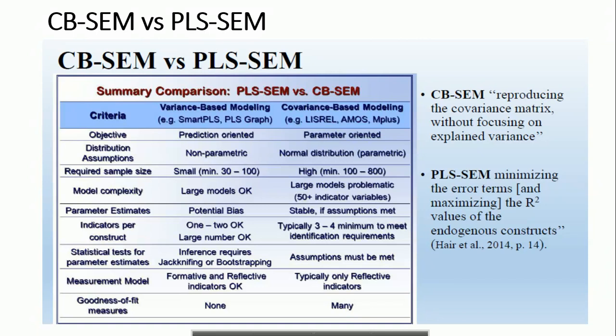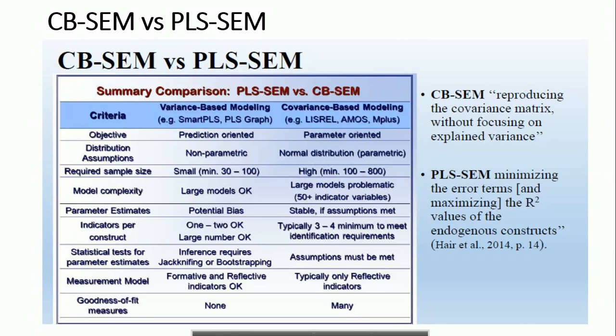But for AMOS, you need a high sample size, at least 100 and above. Model complexity in SmartPLS is large models are okay, but for AMOS, large models are problematic, 50 plus indicator variables. Parameter estimates for SmartPLS have potential bias, but for AMOS they are stable if assumptions are met, and this is maybe an advantage of using CB-SEM or AMOS.